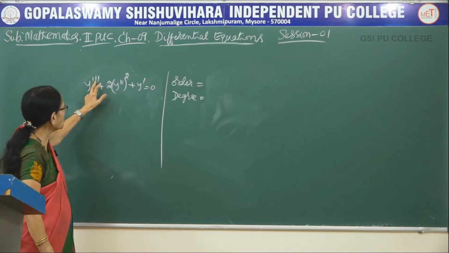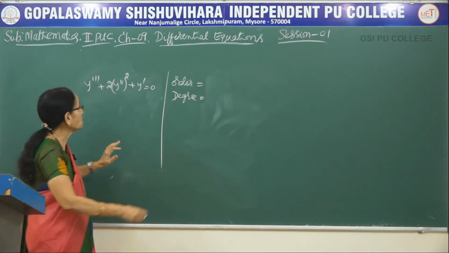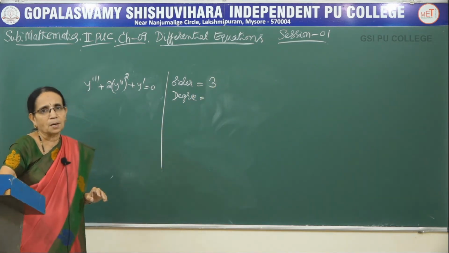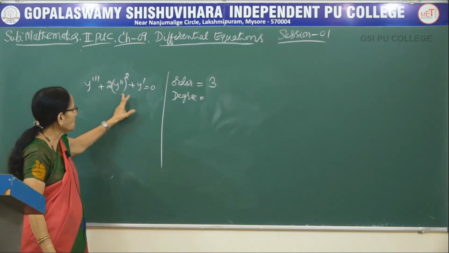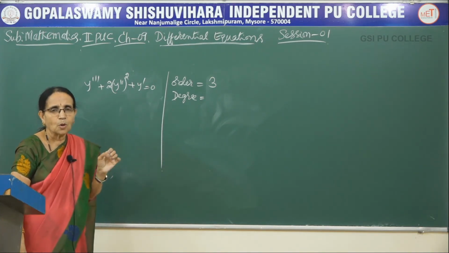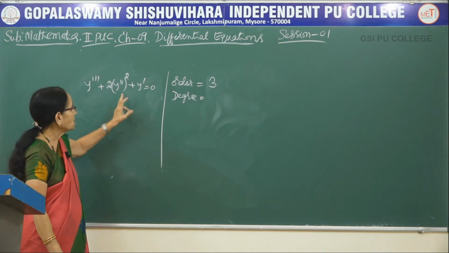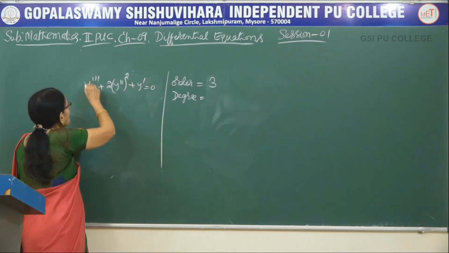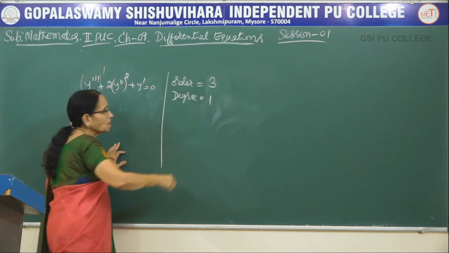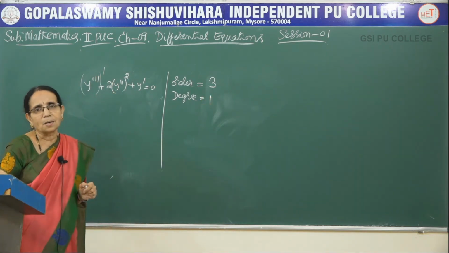How many times differentiated? 1, 2, 3, triple dash. Therefore, the order in this case is 3. But let us observe, it is again a polynomial in the derivative. Therefore, the degree is defined. The power of the highest order derivative term is 1. Therefore, in this case, the order is 3 and the degree is 1.